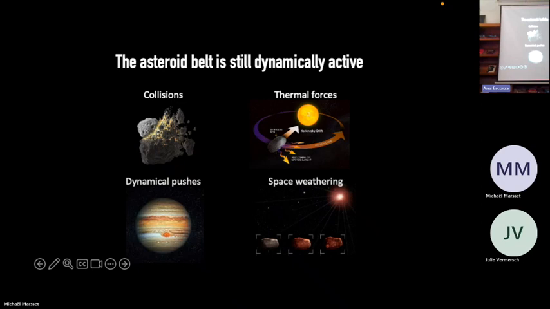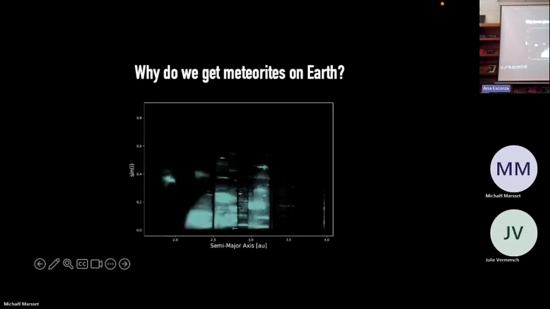That sometimes makes it complicated to understand their composition, because we don't know what is the actual composition and what was altered by space weathering. If we combine these different mechanisms, we can explain why we get meteorites on Earth, why we get collisions with asteroids, and why we got extinction events in the past.